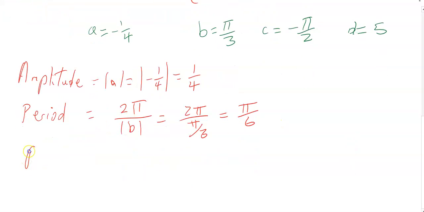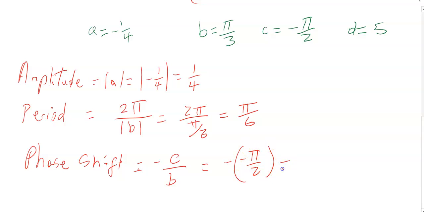Phase shift, your formula is negative C over B. So that's going to be the negative of negative pi over 2, divided by pi over 3. So your phase shift will be 3/2.